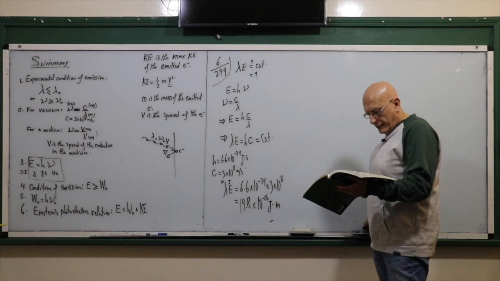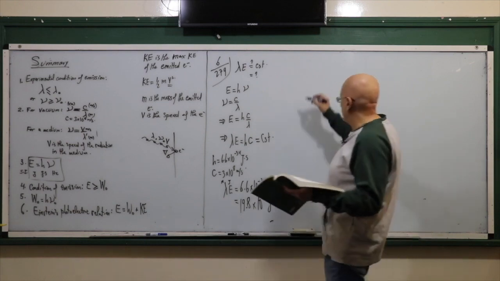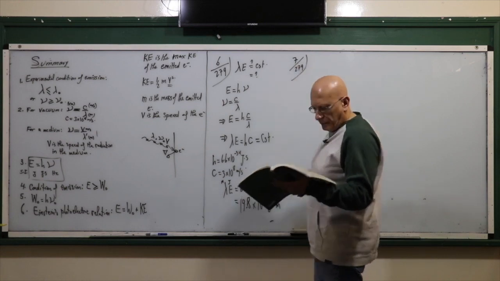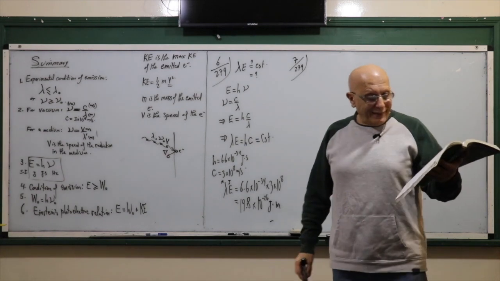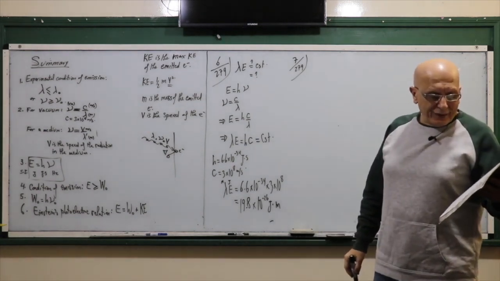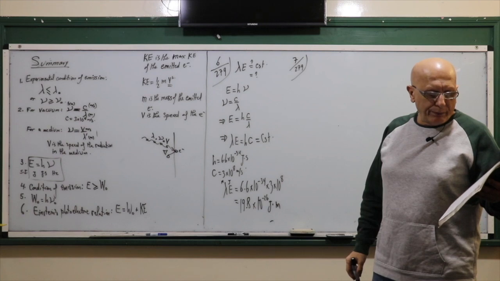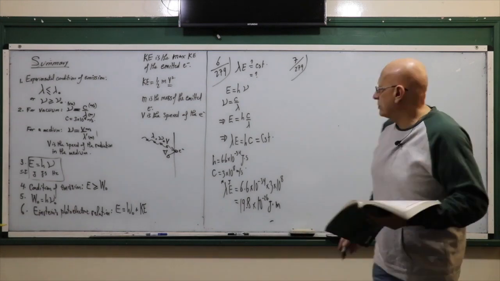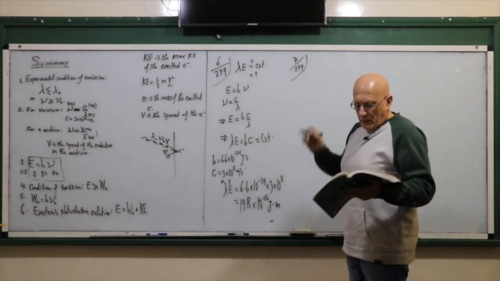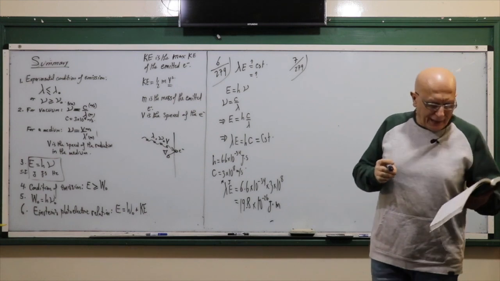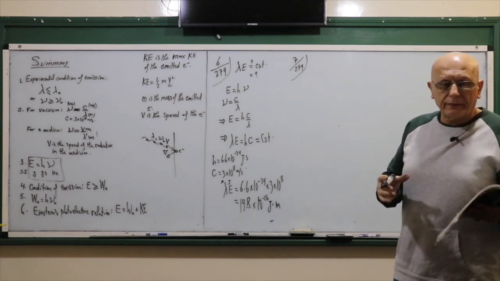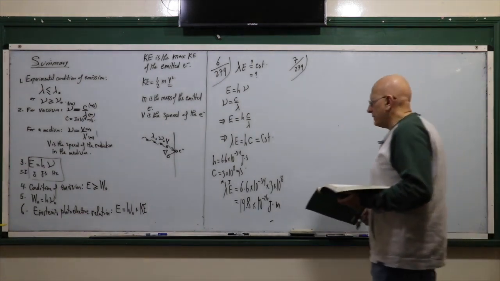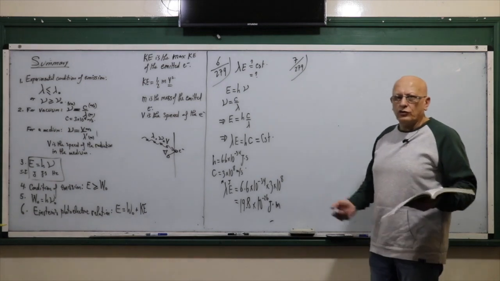Let's see number 7, page 279. It says, why does infrared radiation not cause sunburn like ultraviolet? Why does the ultraviolet burn the body more than the infrared? Okay, what should we think about? About energy.